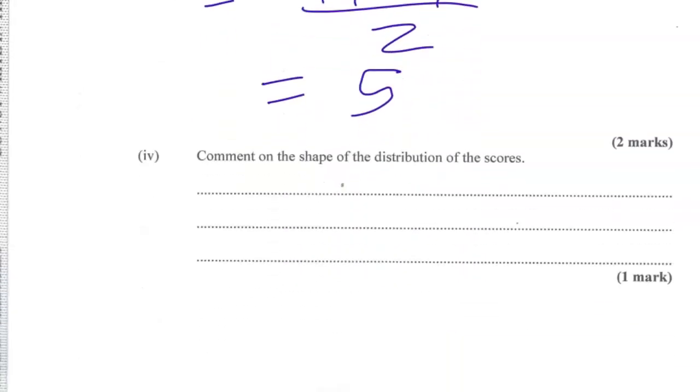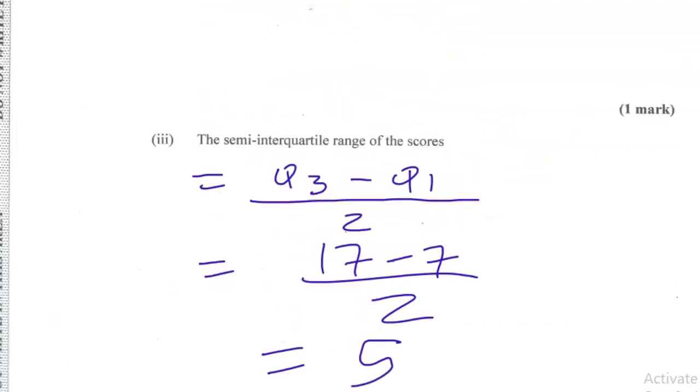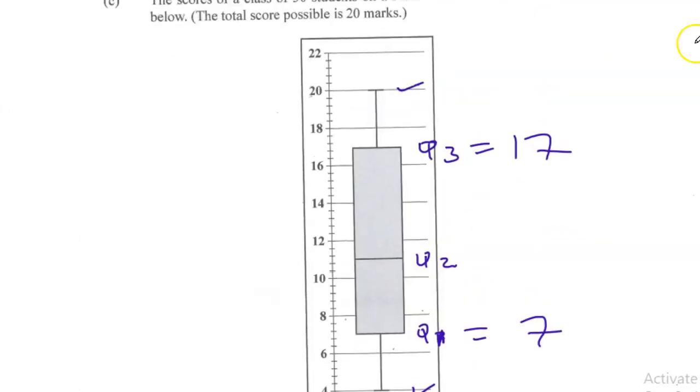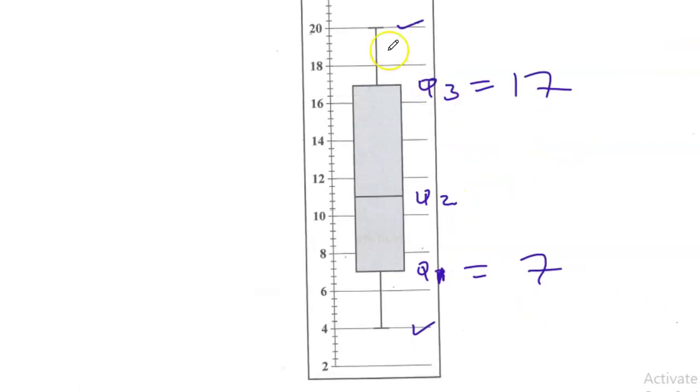Comment on the shape of the distribution of the scores. Let's look back at the diagram to comment. Notice the median is obviously not symmetric. And the median is closer to the lower quartile, so it's non-symmetric or asymmetric.